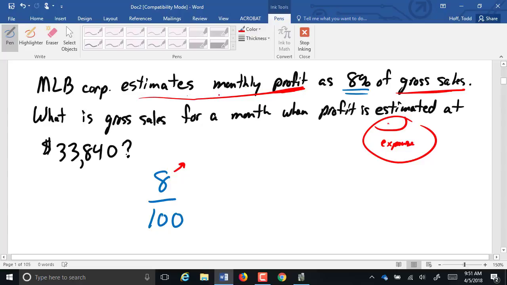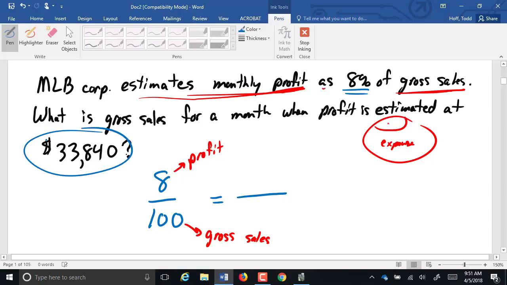Estimates monthly profit as 8% of gross sales. So gross sales is your base. That's what's used to calculate the profit. So the 8% is the profit. Now, when we look at the other side of that, we have the 33,840. Does that represent the gross sales or the profit?